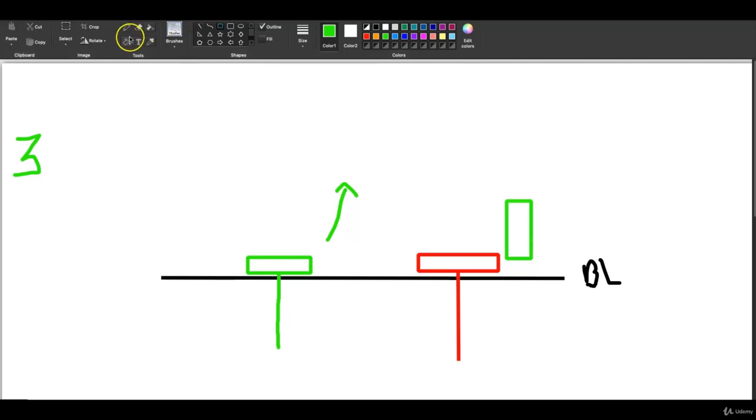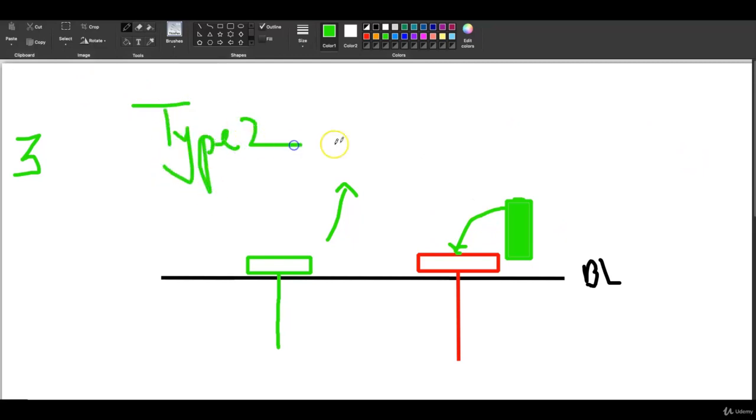You have to wait for the next strong bullish candlestick, and the same point applies: the high of this candlestick, or we can say the body, should close above the previous candlestick high. The previous candlestick high was here, and this candlestick body has closed here as well as the high is here. So have you got these two conditions? This is type 2 of bullfight.